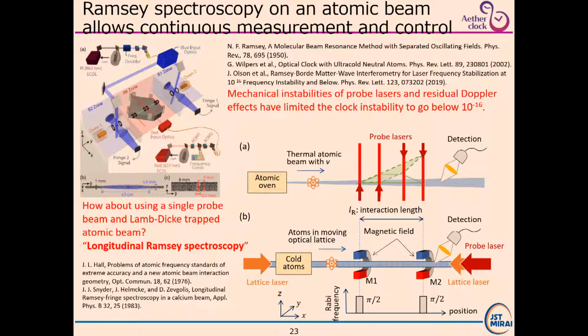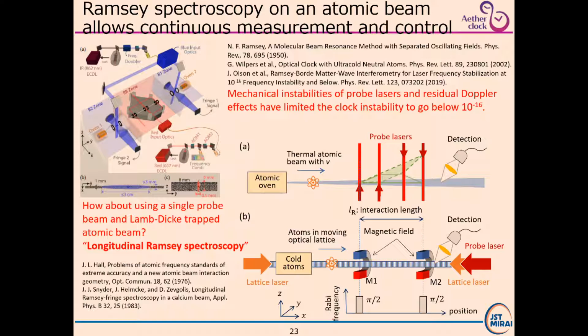Then, our idea is, how about using a single probe beam and lattice-confined atoms, which is realized by a moving lattice technique. Because we shine the clock laser longitudinally, I named it longitudinal Ramsey spectroscopy.